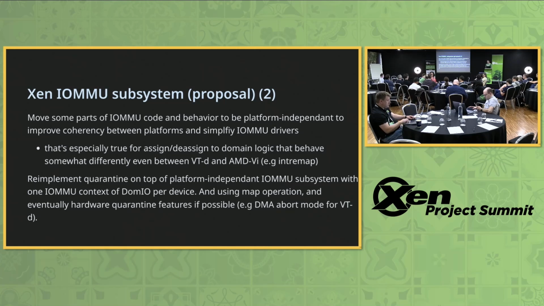Yes. So what about PVH DOM0 then? Doesn't that mean it's not needed at all in PVH DOM0? It shouldn't be needed on PVH either, including DOM0, because it can as well run on a virtual IOMMU if we wanted to.